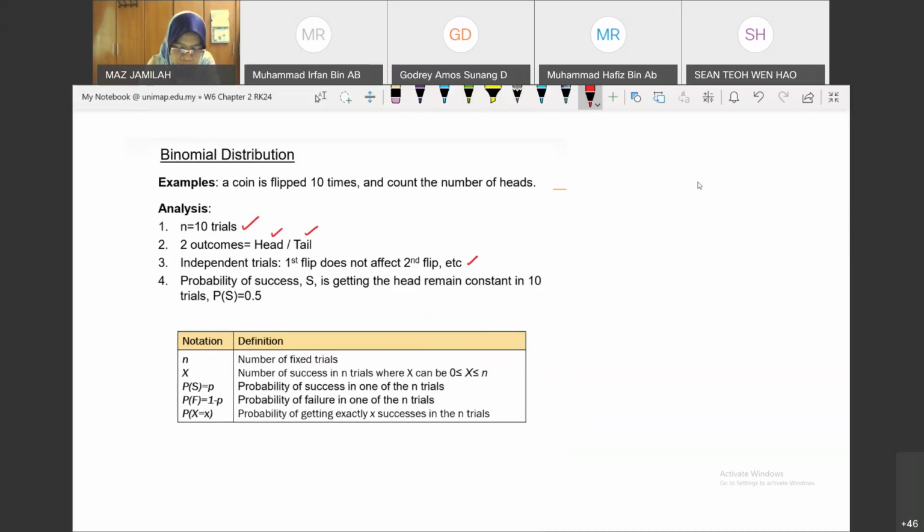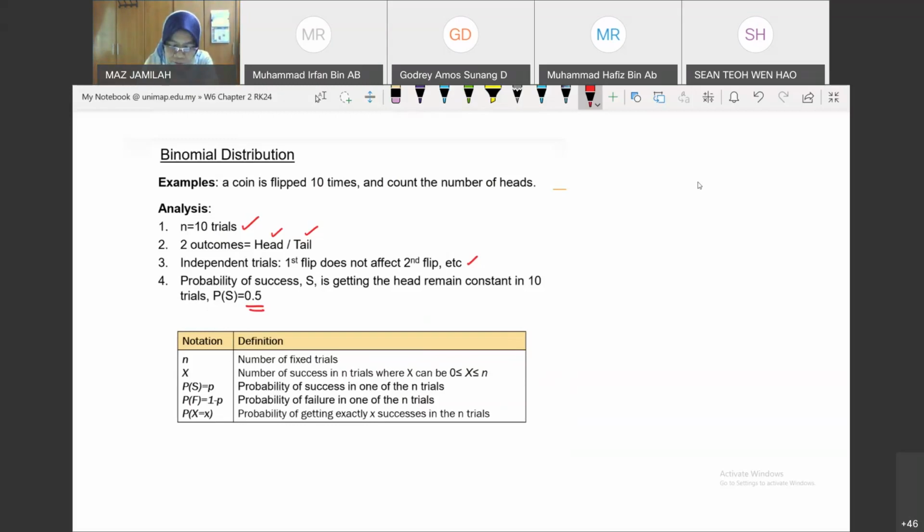The probability of success, getting the hit, remains constant in the 10 trials, that is 0.5. The first trial, the probability of success is 0.5. Second trial, 0.5. Third flip is 0.5, until your 10th trial is also 0.5.